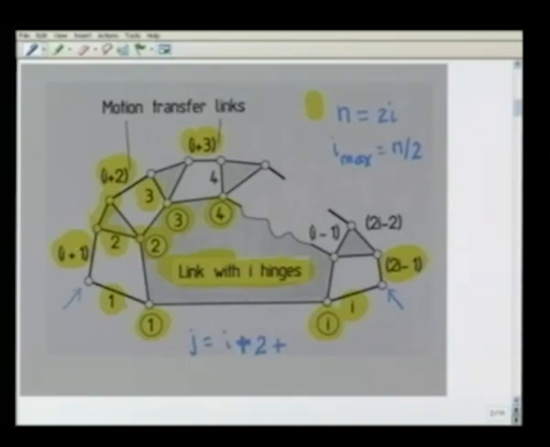One of the hinges has already been counted with this starting link. There are 2 extra hinges on each of the links. So that into I, how many such links? We have started from 2 to I minus 1, that is I minus 2. So that is the total number of hinges I plus 2 into I minus 2, which will give us 3I minus 4.